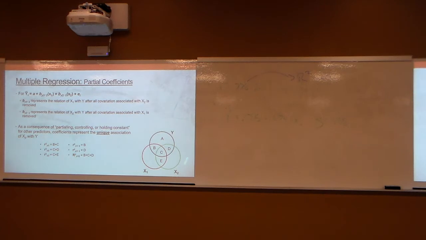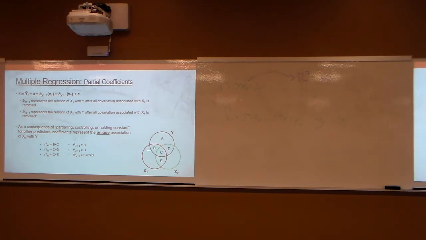The squared correlation of X1 and X2 is this piece right here. But if I look at the shared variability of Y with X1 controlling for X2, now I'm just getting B here.